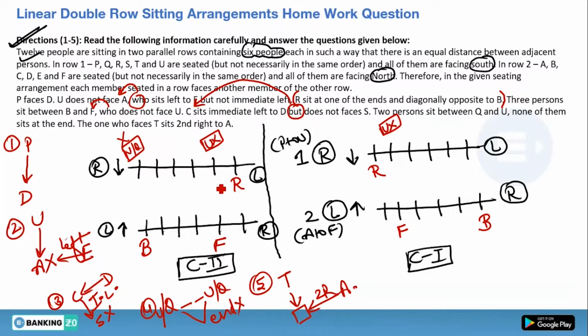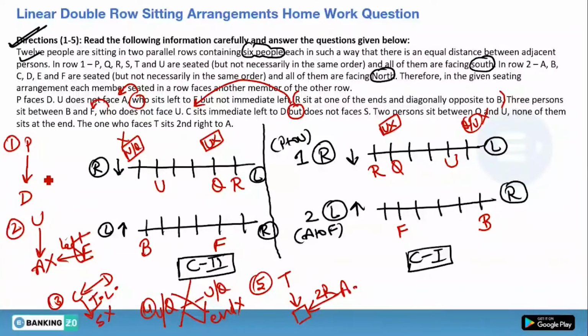So in this place Q will come 1 and 2. After 2 place U will come over here in case number 2. Okay, and in case number 1 U is blocked over here and Q and U will not come at the end. So in this place Q will come 1 and 2 and U will come over here. So we have fixed the places of U and Q. So we have used this hint, so we will cancel out.